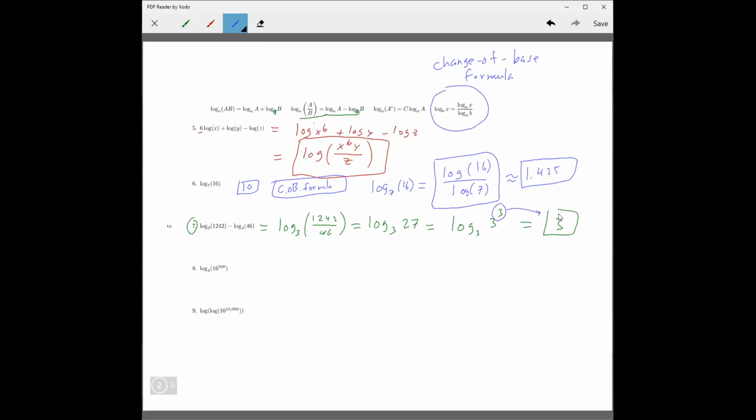These are both 3s, so the answer is whatever's here, this 3. Or you could take this 3 out in front, and log base 3 of 3 is 1, so 3 times 1 is also 3.